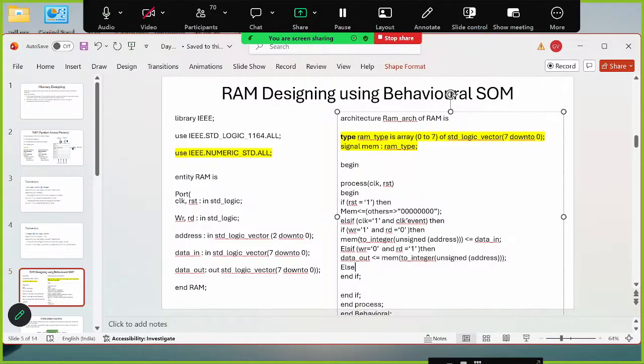Else null, nothing should happen. Similarly, I should write one more end if, and else null one more for this clock.